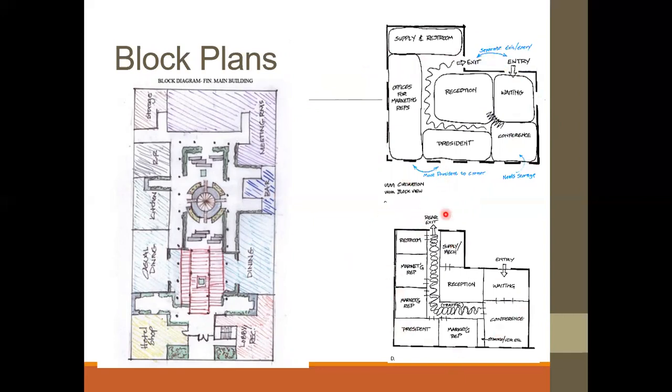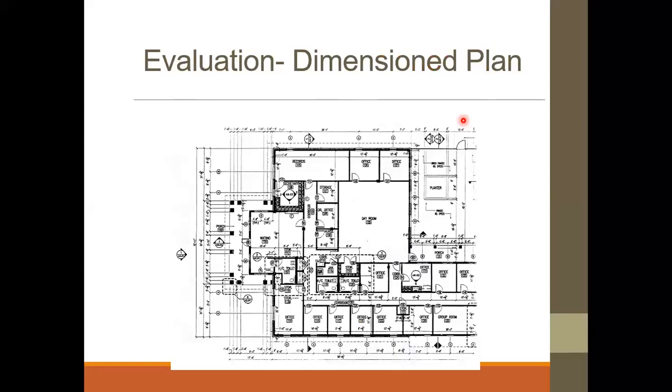Similarly, this is also one of the alternate solutions in the form of block diagram. We have done the calculation of the size of the room, and the size of the block is proportionate to the calculated size.